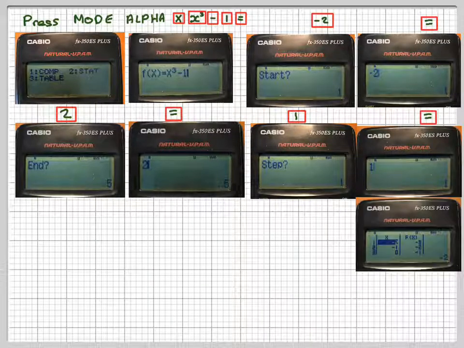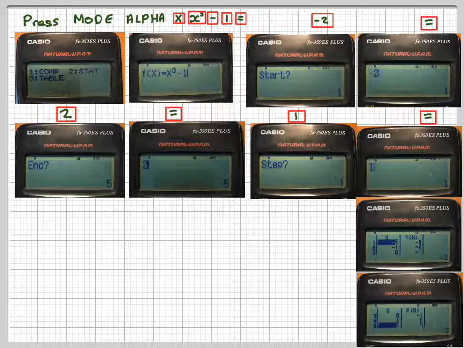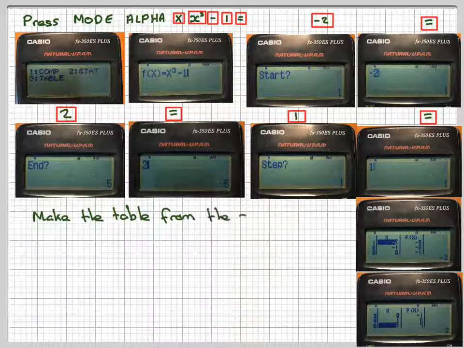And then we press equals, and then we get the top half of the table starting at minus 2, minus 1, 0, and we get the corresponding y coordinate here, minus 9, minus 2, minus 1. If we scroll down the table, we will get the bottom half of the table, the other values that we know. And then we can use that to make the table.